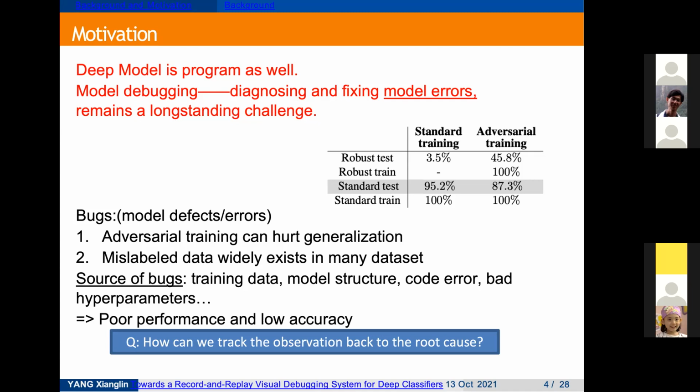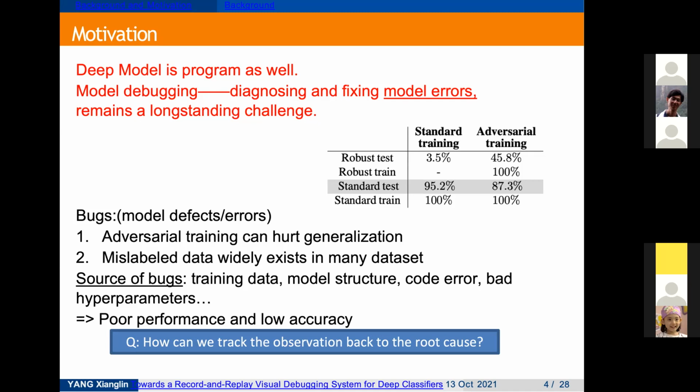The first observation by us is that adversarial training can hurt generalization. We know that deep models are extremely vulnerable to adversarial attacks. That means if you perturb the input a little bit, the model could probably give a wrong prediction.